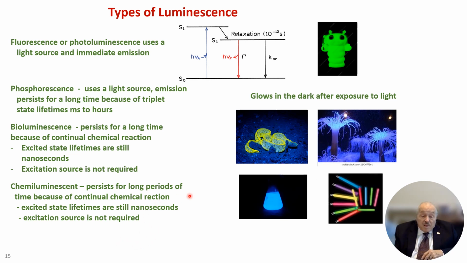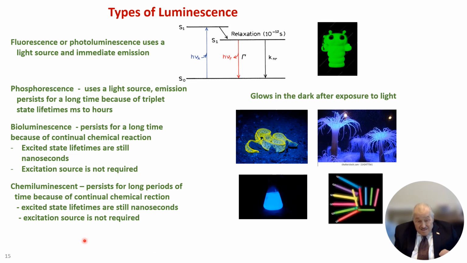And this same thing is true for chemiluminescence. I'm sure many of you have played with the light sticks or the light necklaces, and you crack open the little glass thing inside, and it glows for a really long period of time. People like to use them where you don't want to set off a fire with a spark.